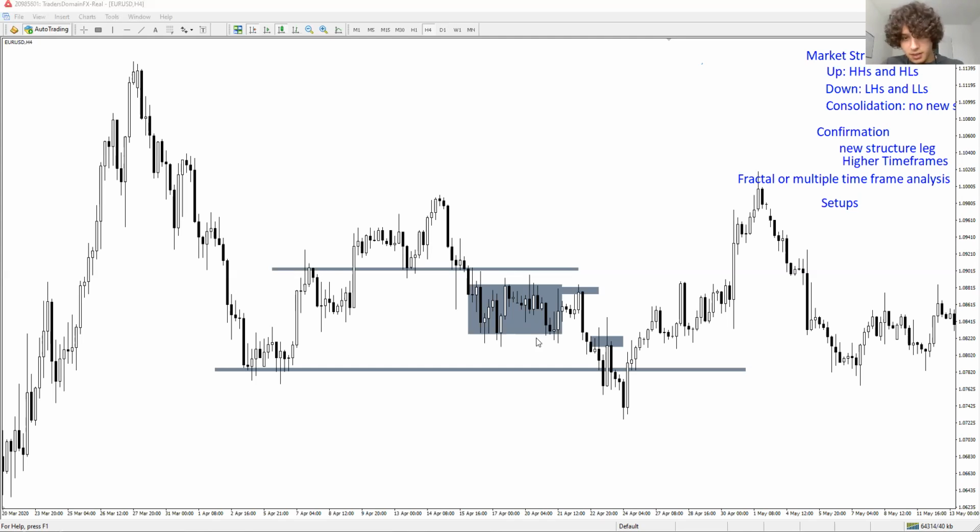So what happens, in my opinion, if price looks like this, you want to wait for it to break. But say you want to trade the structure, right? Okay, this is your zone. You're giving it more detail because now you're in the 4-hour chart, so you can see more clearly what price is doing.